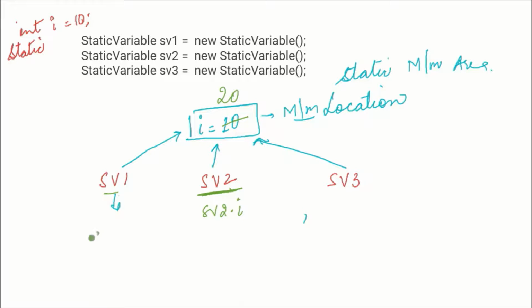So the value for SV1 dot I would also be 20, and for SV3 the value of I would also be 20. So that's why we always say static members share the memory, static variables share the memory, so there is no need to create an object. So let's understand this concept with a real life example.